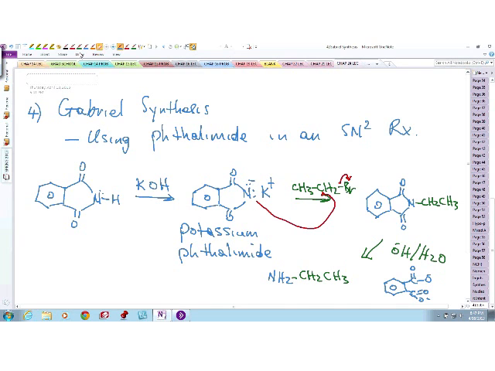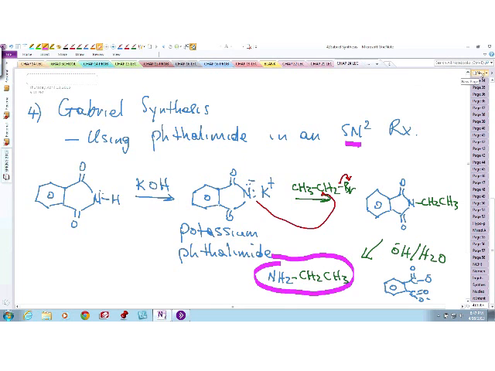Of course, our interest is this molecule here. So this is another method for making a primary amine. You could use any alkylating agent as long as it contains a leaving group attached to a primary carbon or a secondary carbon, because this is an SN2 reaction. So far we have 4 methods.